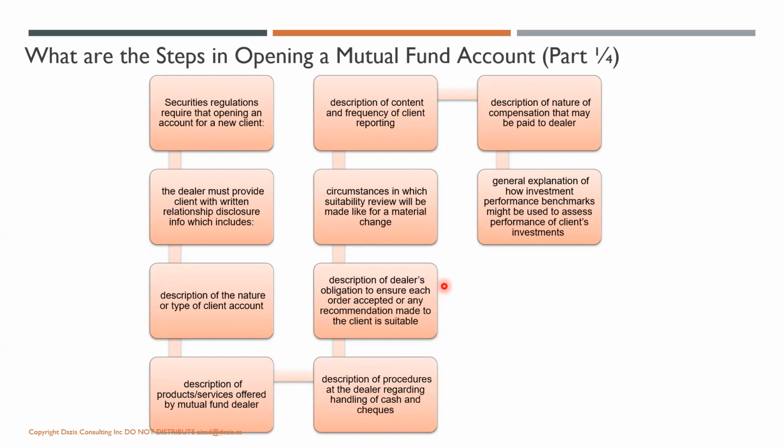Then a description of the obligation to ensure each order accepted or any recommendation made to the client is suitable. So you have to make sure that everything is suitable for the client, right? And then the circumstances in which the suitability review will be made.